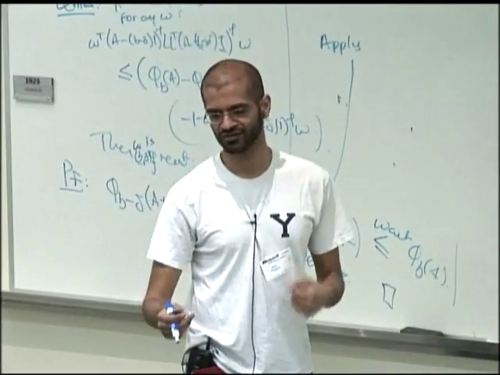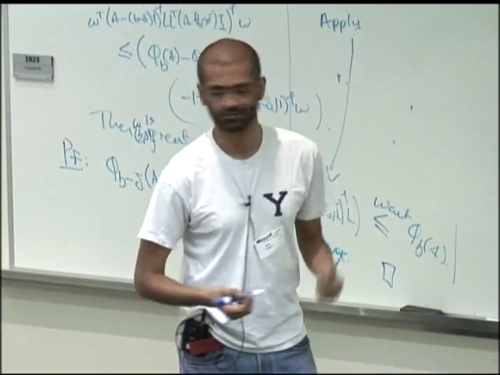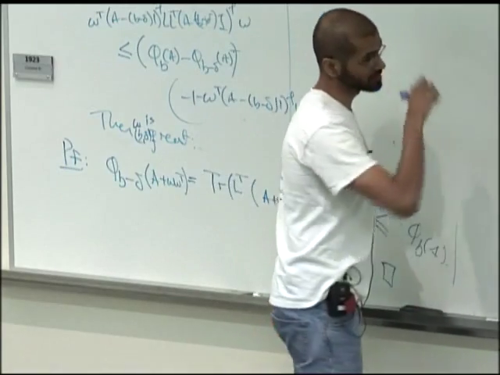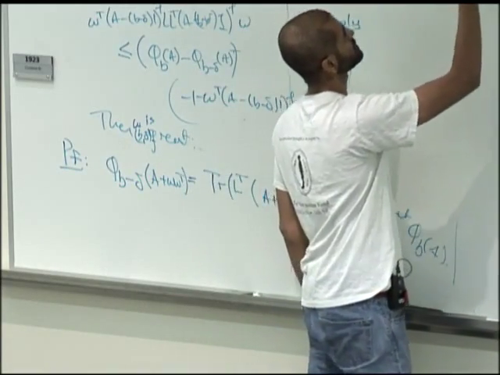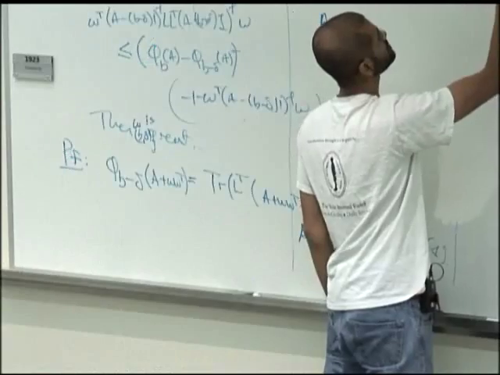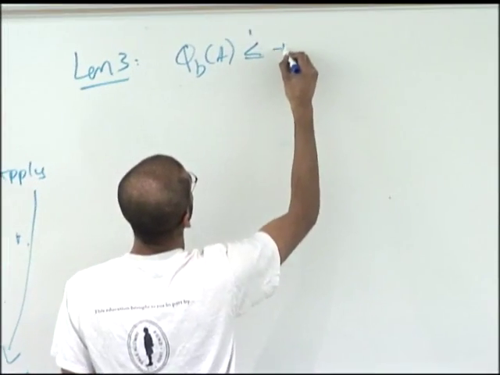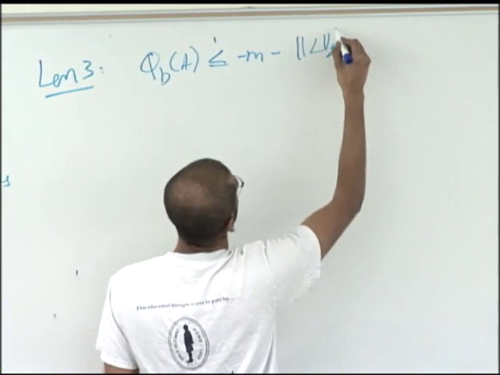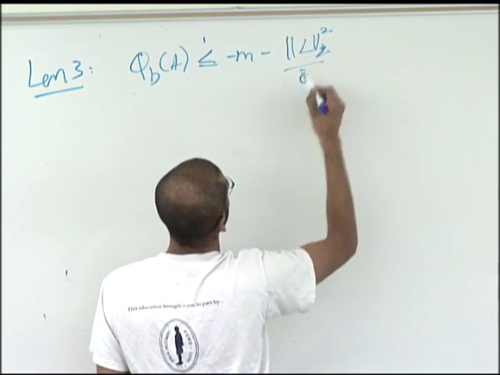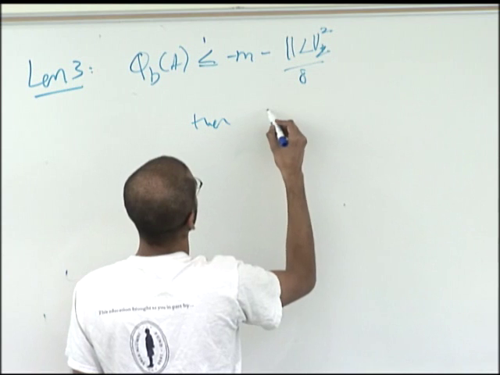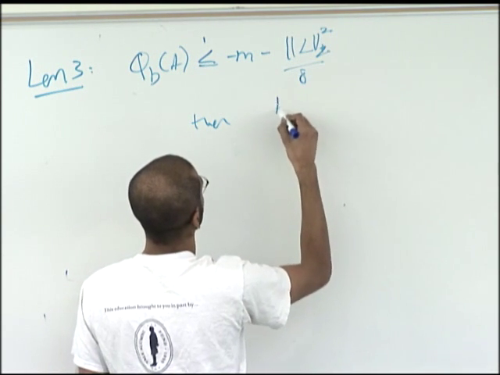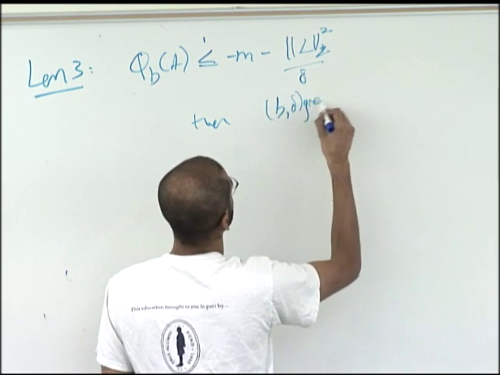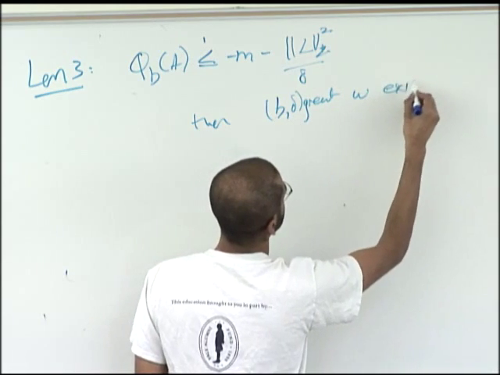You jump across a barrier, it's still sufficiently negative, and so on. So what is this lemma? The thing is that if the potential B of A is at most minus m minus the 2 norm of L squared divided by delta, then a B delta great W exists.